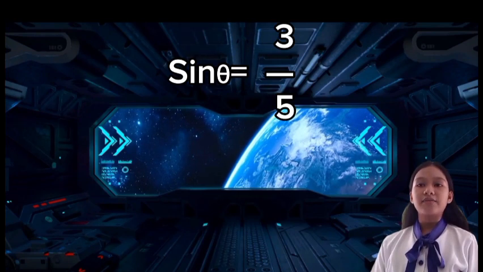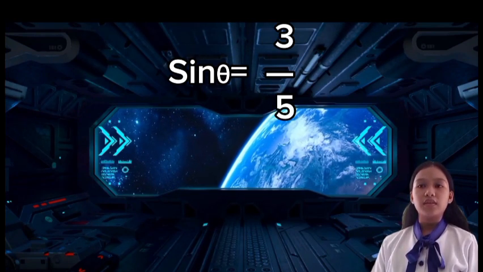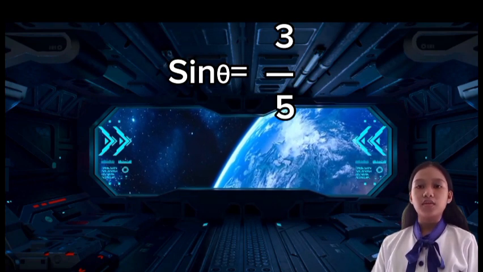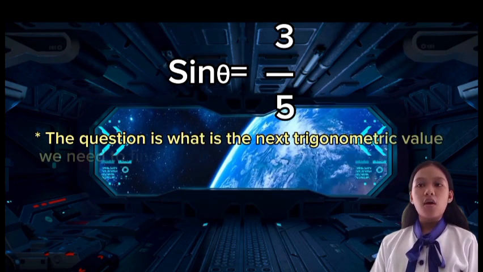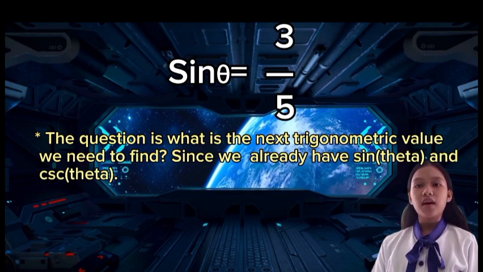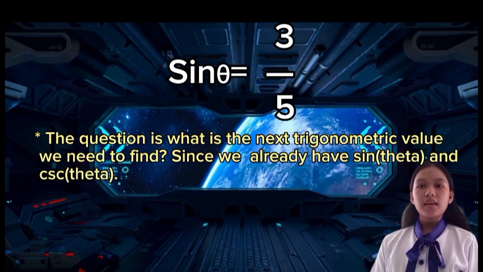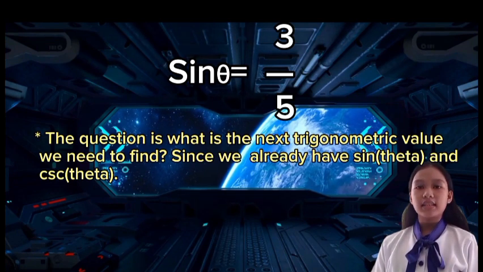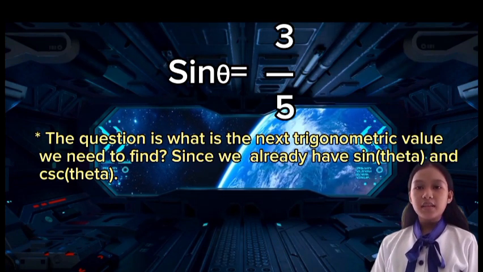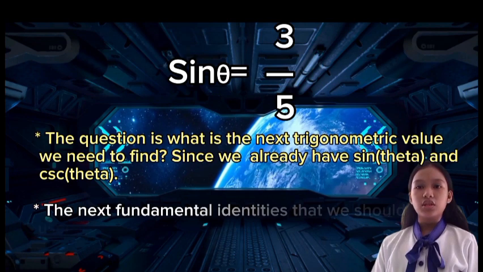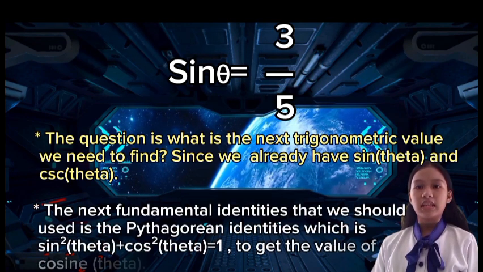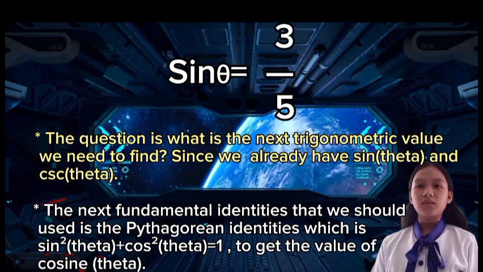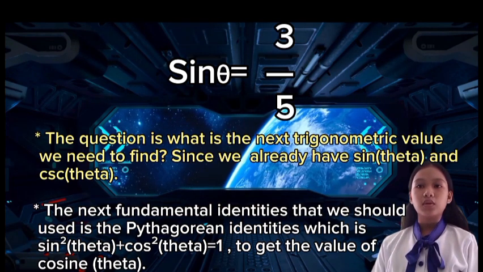We already have 2 trigonometric values and we need to find 4 more trigonometric values. The question is, what is the next trigonometric value we need to find? Since we already have the sine theta and the cosecant theta, the next fundamental identities that we should use are the Pythagorean identities, which is sine squared theta plus cosine squared theta is equal to 1.